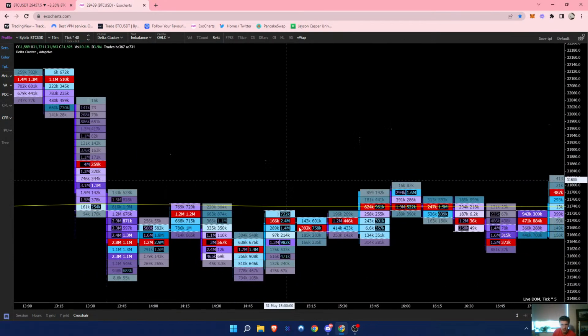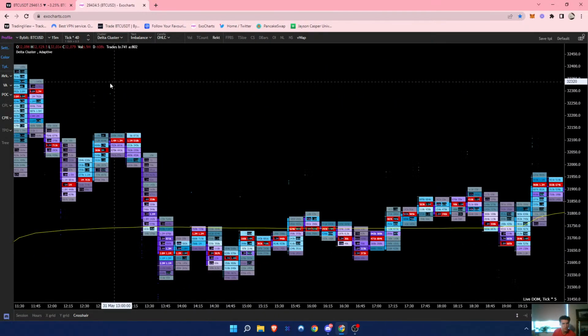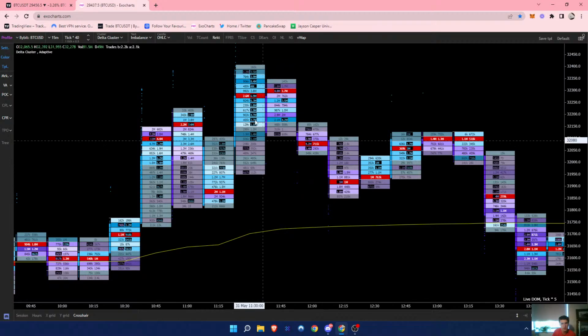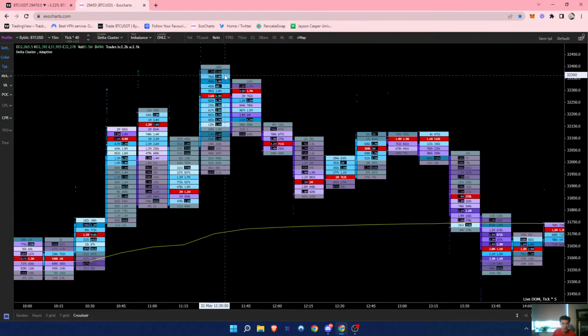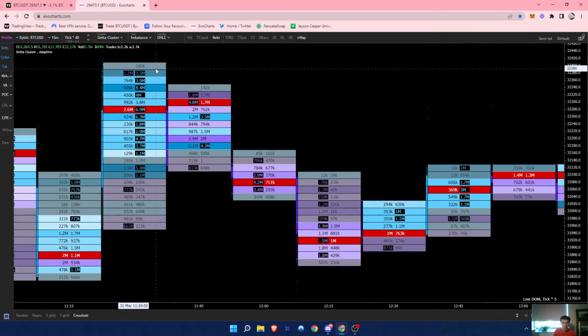This was mainly just a stop loss hunt, but nevertheless, it's what you want to look for when identifying stacked imbalances. So this is a very good example of stacked imbalances trapping longs.